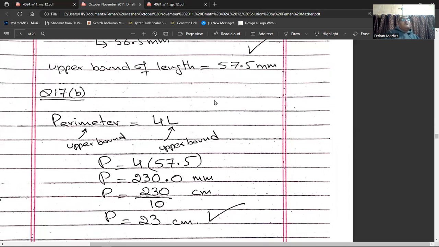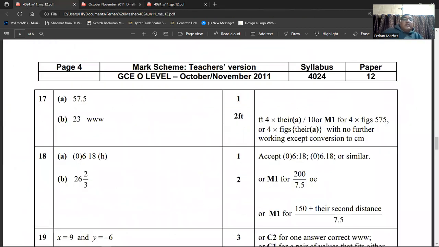So the perimeter is 4 times 57.5, which is 230 millimeters. To convert millimeters into centimeters, divide by 10, so the decimal moves one step to the left. So P will be 23 centimeters.